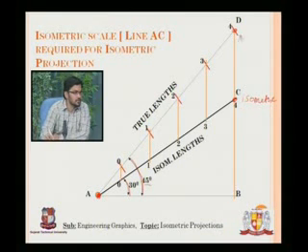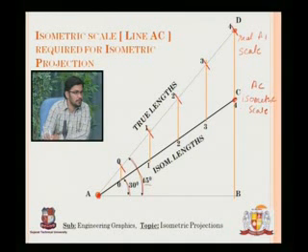This was the real scale, and this was the isometric scale that you have, that is from A to C. AC is the isometric scale, and the real scale is A to D. Again, I'll write it down once: AC is the isometric scale, and AD is the real scale.